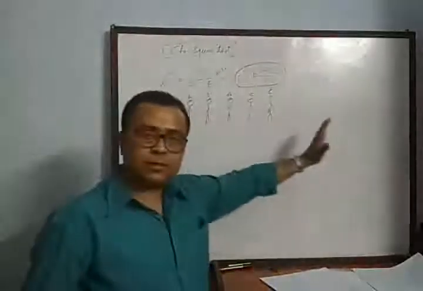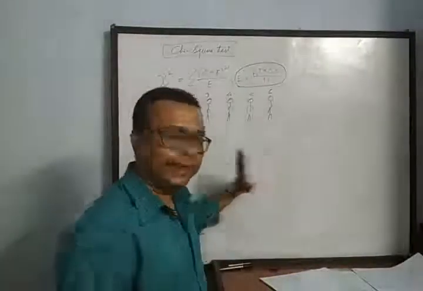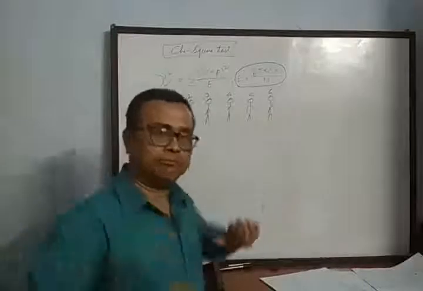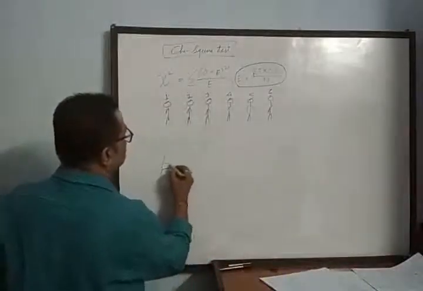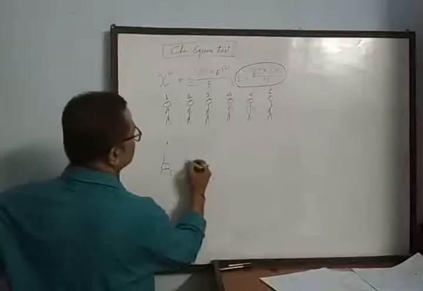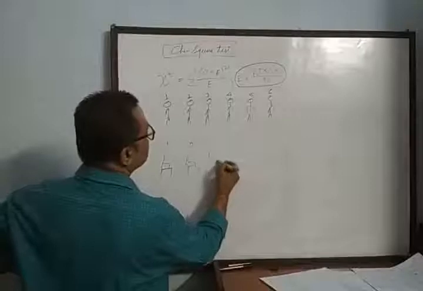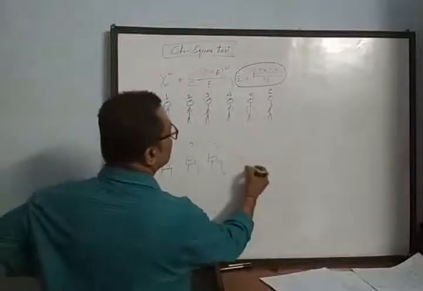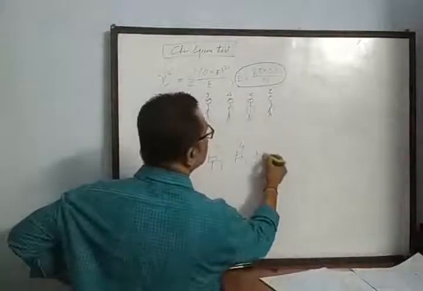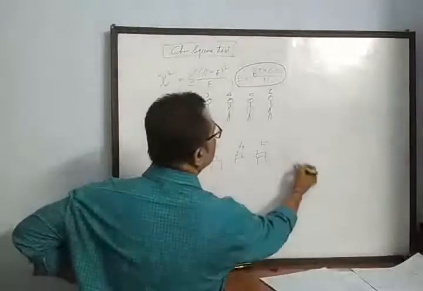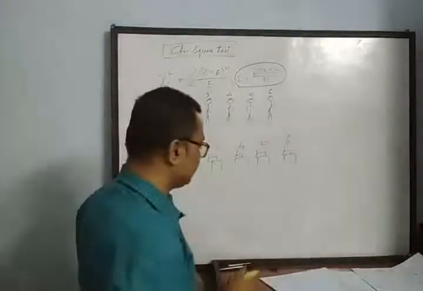There are 6 persons, and in front of them 6 chairs are kept. So chair 1, chair 2, chair 3, chair 4, chair 5 and chair 6.